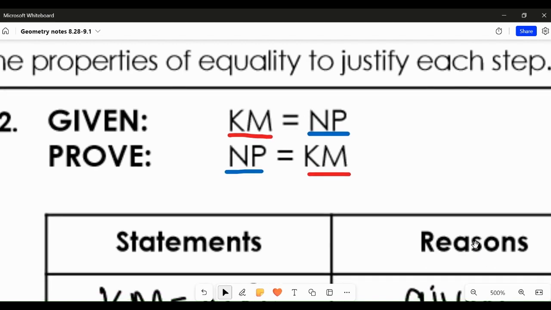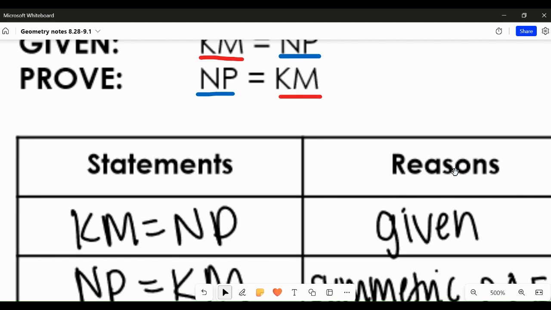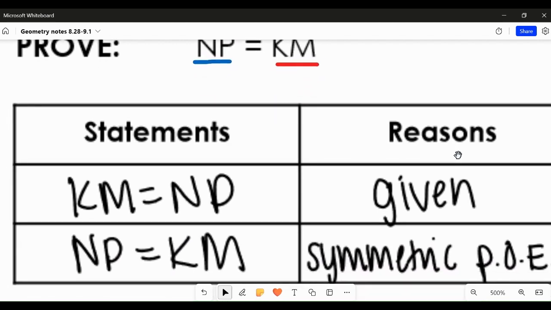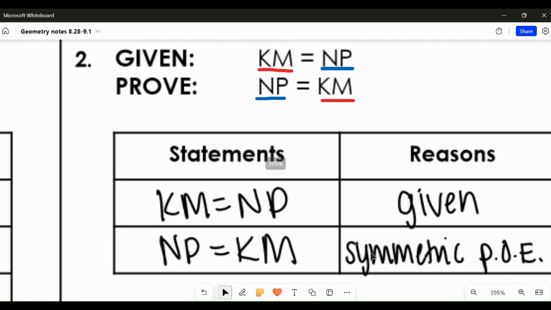So, our first statement is our given information, Km equals NP. And there's only one other line, which would be NP equals Km, which is describing the symmetric property. So all we did was we just took our 2 letters on both sides and we just switched them.